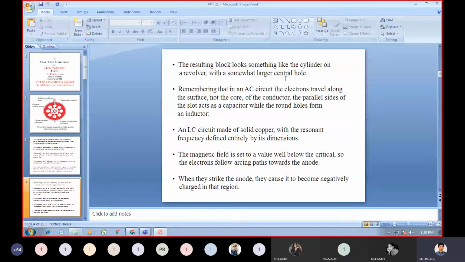When they strike the anode, they cause it to become negatively charged in that region.